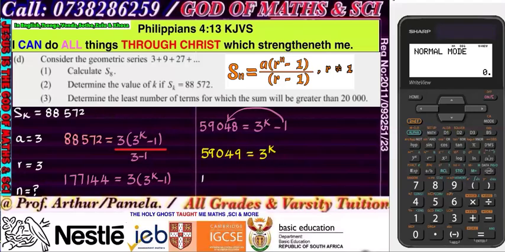So that means k must equal the log. The base comes from where the exponent was. The base is 3. Then the number that I'm dealing with is 59,049. So we know we're expecting k to be 10. So I'm going to go shift logarithm. The base is 3.